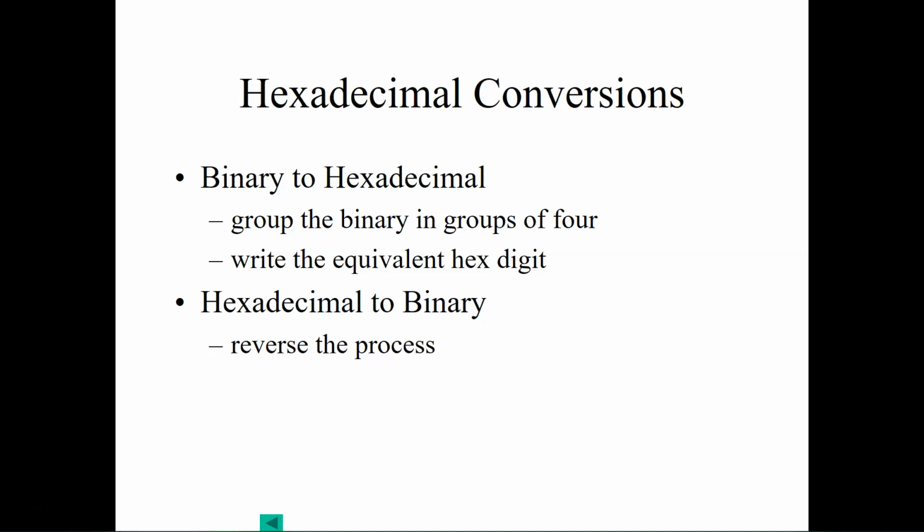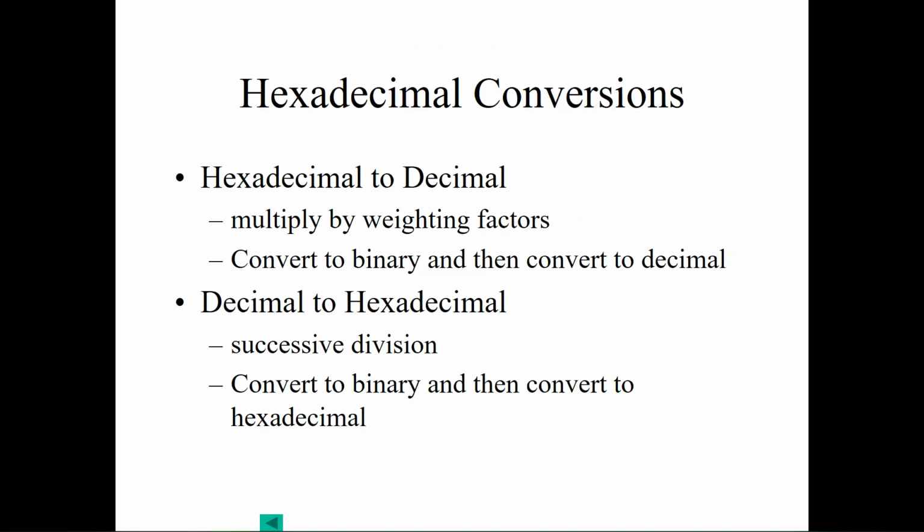So going from binary to hexadecimal, you group the binary in groups of 4 and have the equivalent hex digit. To move it to decimal, you have to deal with the weighting factors.